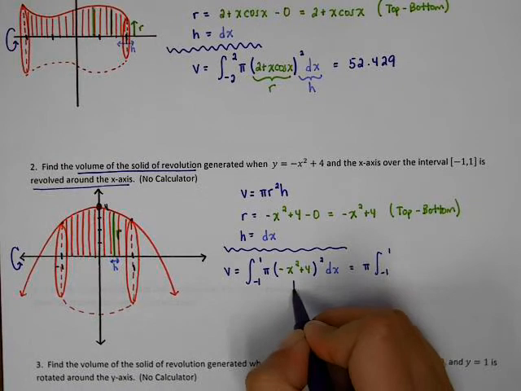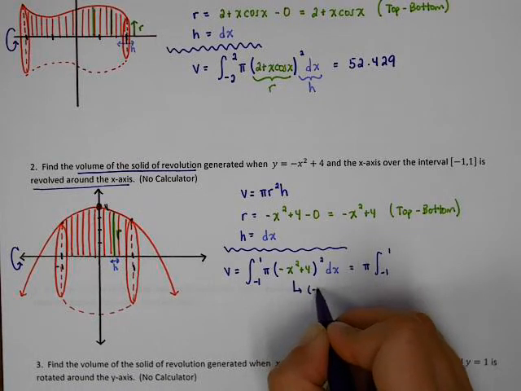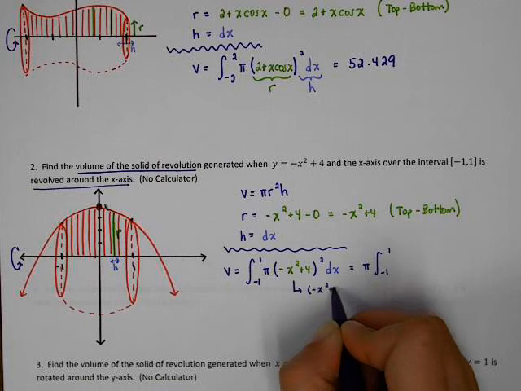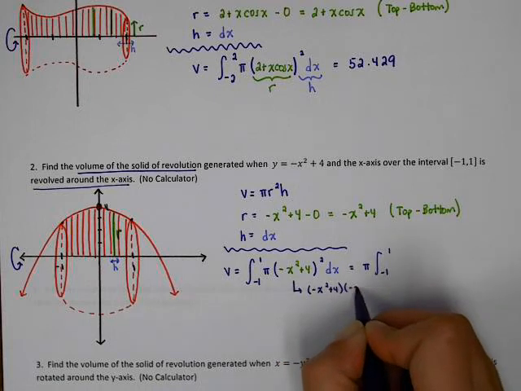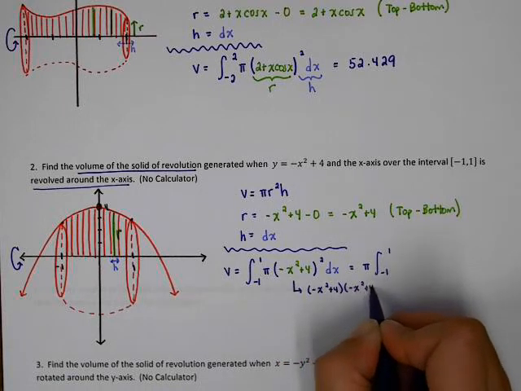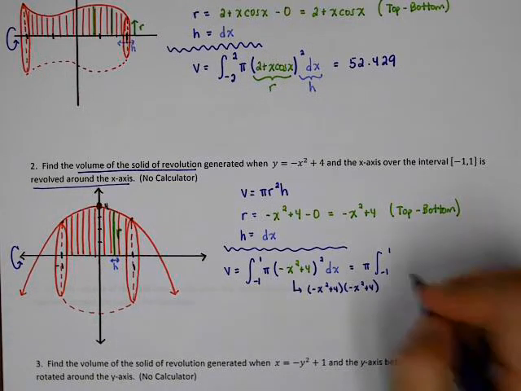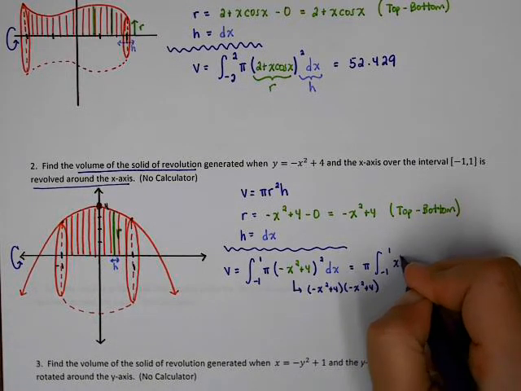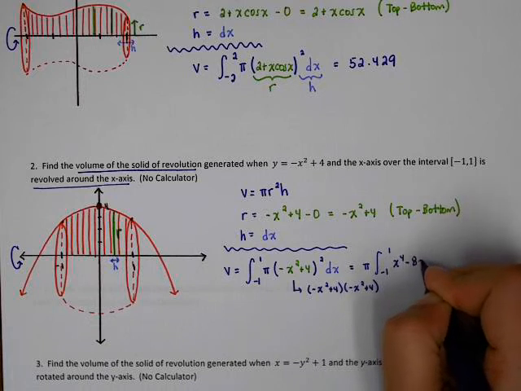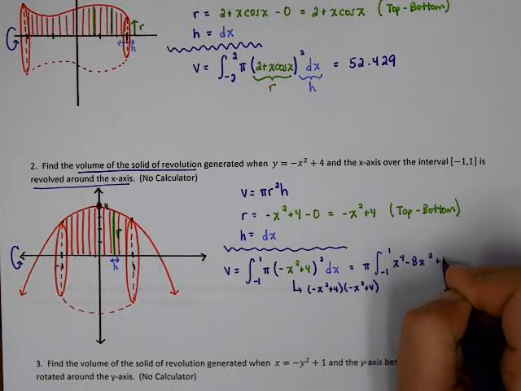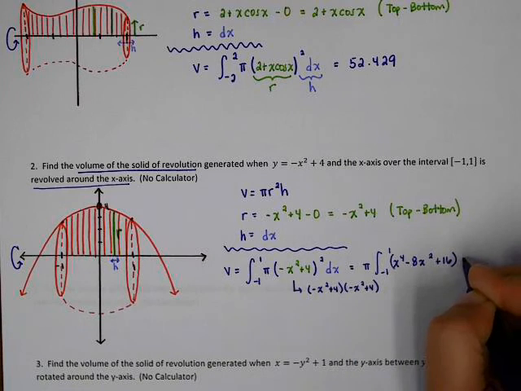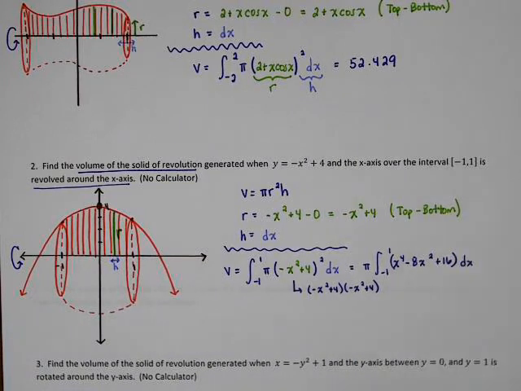Now this right here really means -x squared plus 4 times -x squared plus 4. So in order to do this integral, I would multiply that out, and I would get x to the 4th minus 8x squared plus 16, and then I've got my dx.